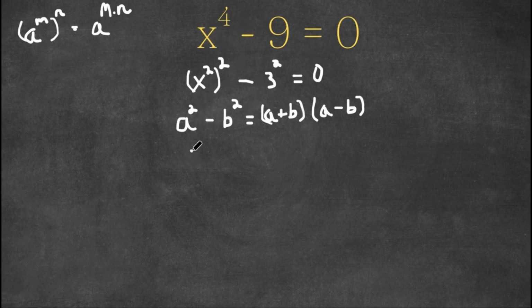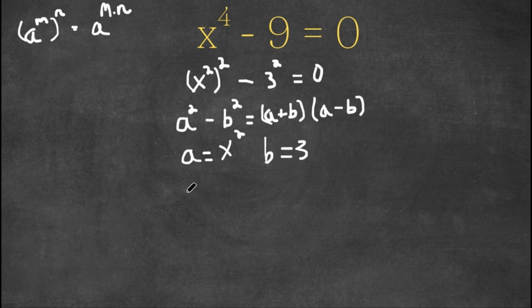In this case, a is equal to x squared and b is equal to 3. So we have x squared to the power of 2 minus 3 squared, and this is also equal to a squared minus b squared. So all we have to do is plug in a and b into our expression, a plus b times a minus b.